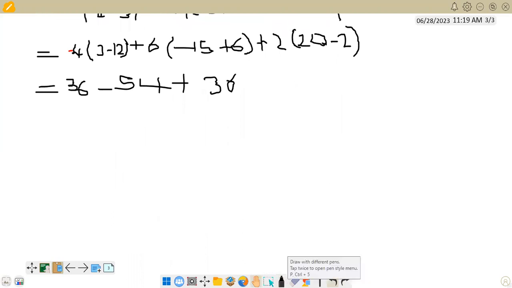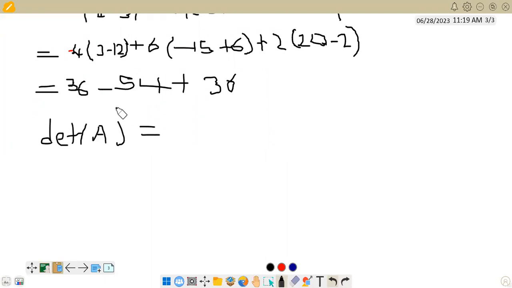So what it means here, there will be the determinant of matrix A. If we say 36 minus 54 plus 36, giving us 18. So that's the determinant of matrix A.